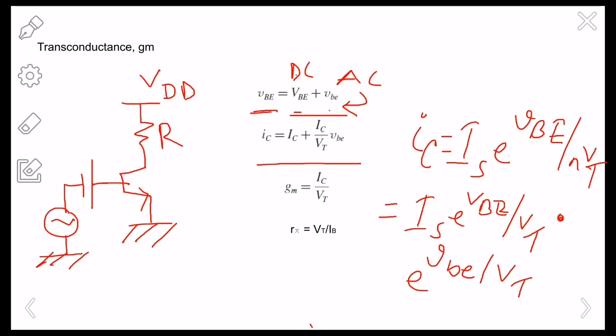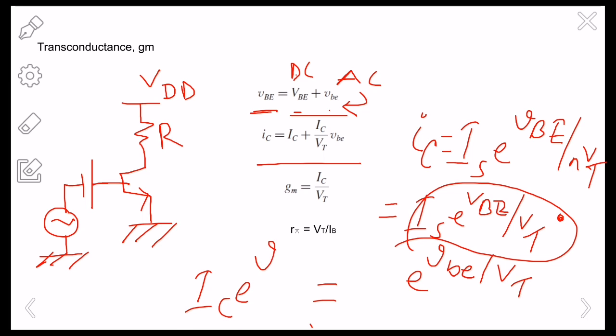Okay, now you see that this portion is nothing but an AC current, that is IC into e to the power vbe divided by VT, right? Okay, so we have found this, right? So a DC component right here multiplied by this AC component right here. Okay, fine. So from here, how we are jumping to this point, I'll be talking about that right now.